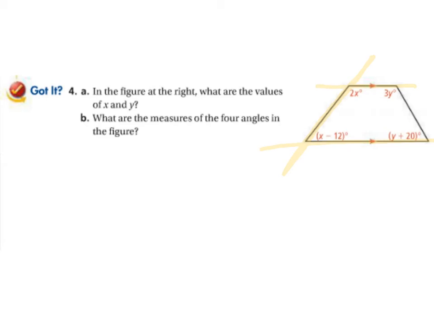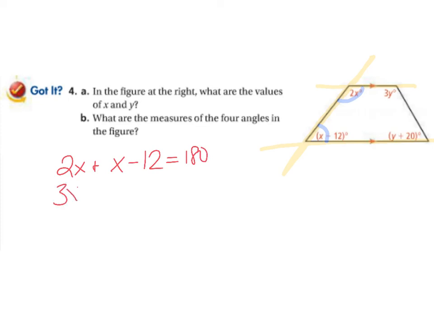I'm going to start with just the x because I got lucky that I've got this angle here and this angle here that are what type? Practicing those angle pair names. Those are same side interior, and same side interior are supposed to be supplementary. So I'm going to do 2x plus x minus 12 should equal 180.